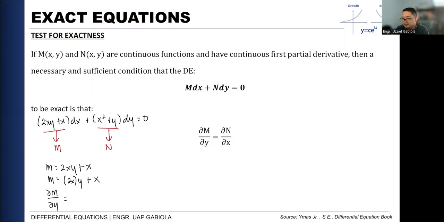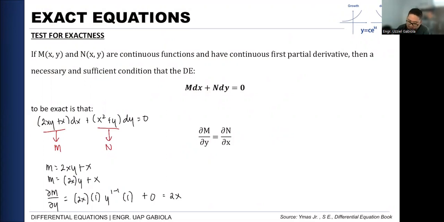M is equal to 2xy plus x. If we treat x as a constant, then 2x is the coefficient of y, plus x. So what will be the partial derivative of M with respect to y? 2y? No, 2x is the constant, so what happens here is 2x times 1 from the exponent of y, y to the power of 1 minus 1, times 1. Plus, the x, since we treat it as constant, is equal to 0. So the partial derivative of M with respect to y is just 2x. Again, x is treated as constant. Whatever the independent variable in the partial derivative is, you assume the other variables to be constant.